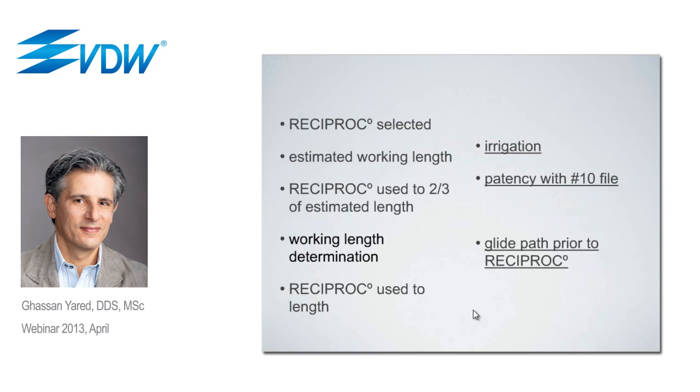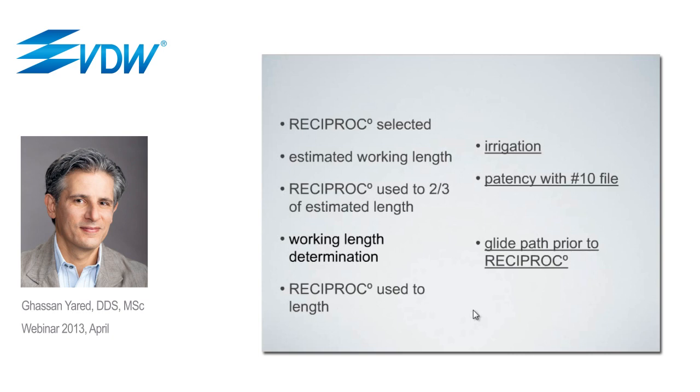So again, once the reciproc instrument reaches the estimated length minus 4 or 5 millimeters, we would then take a hand instrument, number 8 or 10, straight. We do not recurve it, and again, this is against the current teaching standards. We put it in the canal with watch winding until it reaches length.